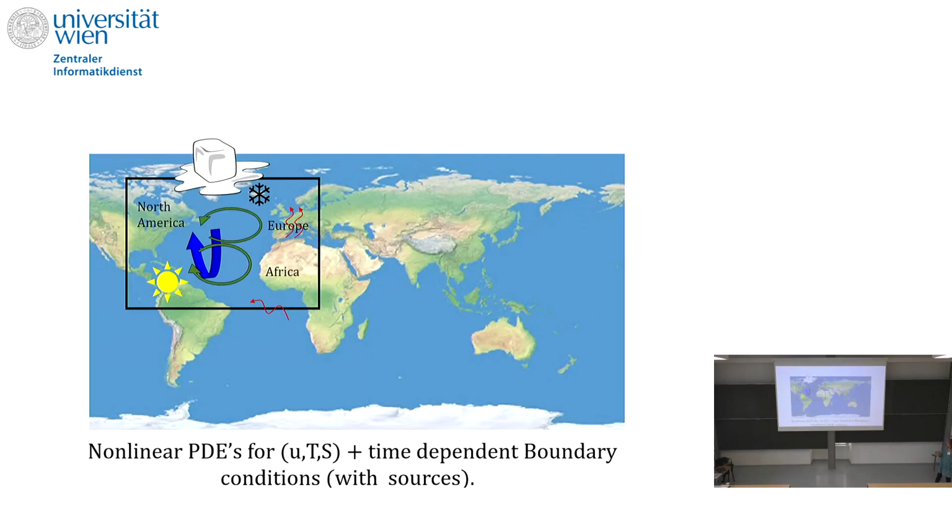So in principle, to solve this real problem, to really understand the appearance of the AMOC or its stability, one has to solve the full big GCM models, which are very hard to solve, taking nonlinear PDEs for the velocity, the temperature, and the salinity, and the time-dependent boundary conditions, and all kinds of sources.